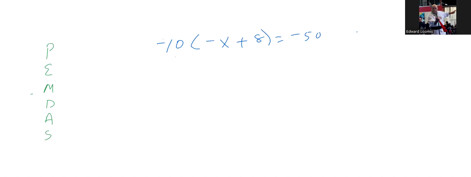Okay, I have negative 10, parentheses, negative x plus 8, close your parentheses, equals negative 50. Let's simplify so I can isolate the variable. I'm going to get rid of the parentheses by distributing. I've got negative 10 times negative x, and a negative times a negative makes that 10x positive.